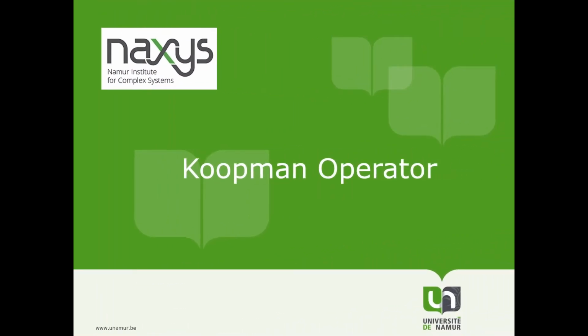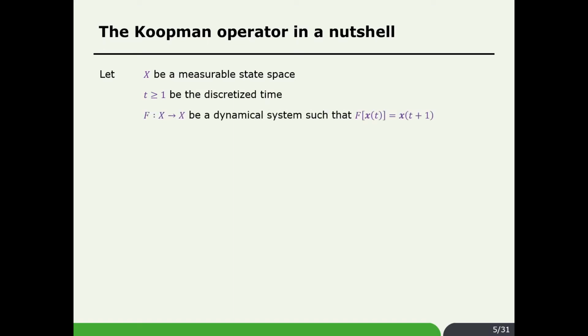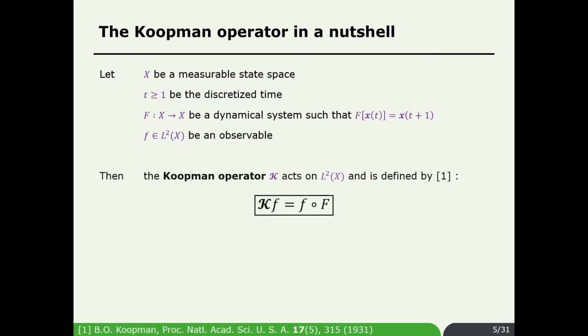Koopman operator. The definition of the Koopman operator needs several things. Let capital X be a measurable state space, T be the discretized time, capital F be a dynamical system, and f be an L2 function defined on the state space, called an observable.